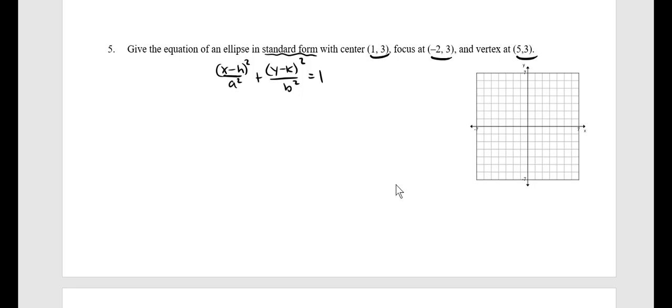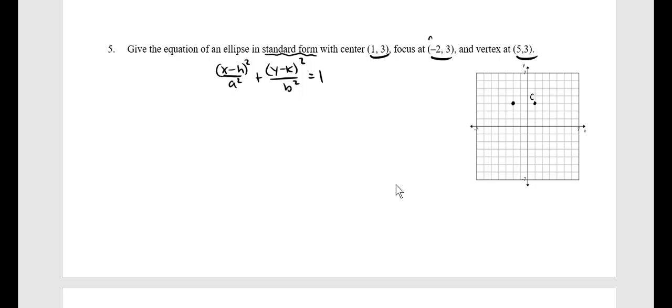So let's sketch some of this first of all, before we even mess with the equation. 1, 3, there's my center. All these other places are measured around that center. We have a focus at -2, 3. Well, that tells us right away the foci are symmetrically situated on opposite sides of the center. So that's my center.